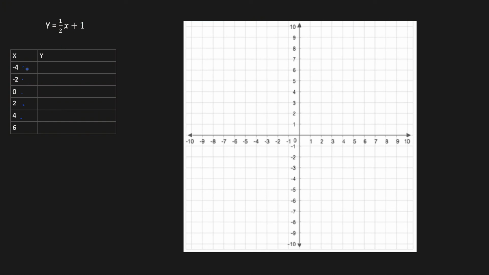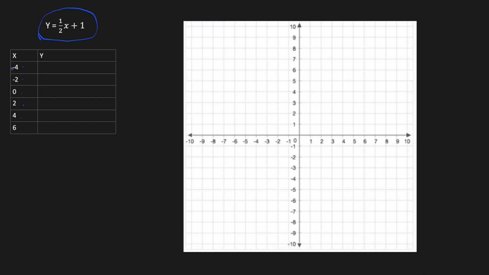If I were to choose, say, x equals 1, then I'll get 0.5 plus 1, so y will be a fraction. So just to simplify this equation, I chose x divisible by 2. Therefore I chose minus 4, minus 2, 0, 2, 4, and 6. All those numbers are divisible by 2.